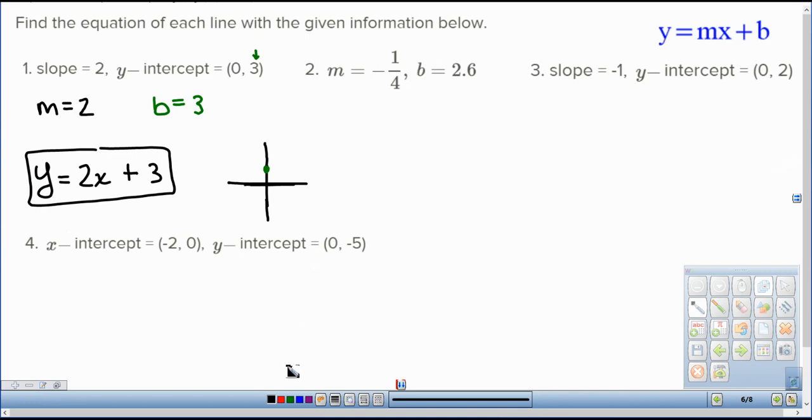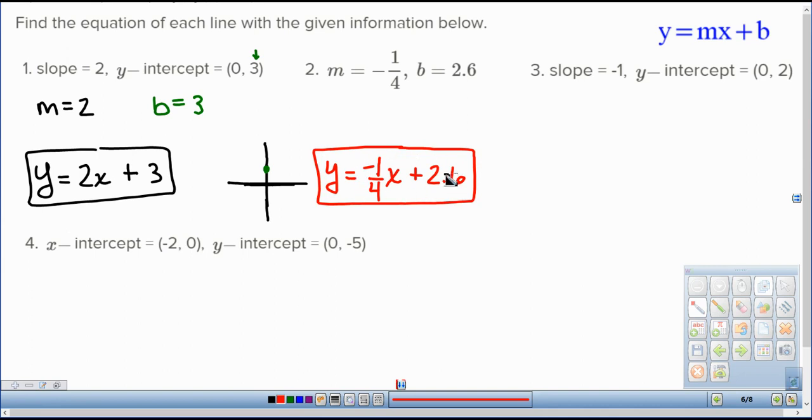Looking at the next example, this time they actually told me the slope as the letter m, and they told me the y-intercept as the letter b. So I just need to write my equation. y equals, put the m value. After the m value, put x. After the x, we put the last term, which is my y-intercept, plus 2.6.